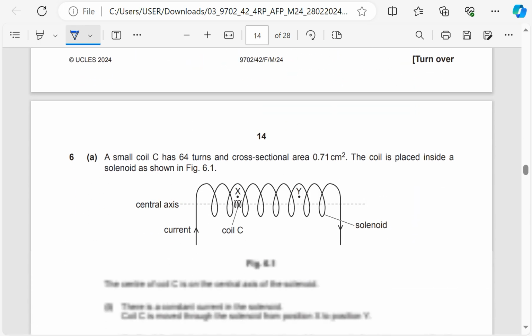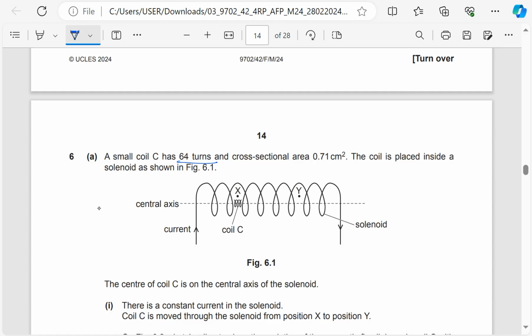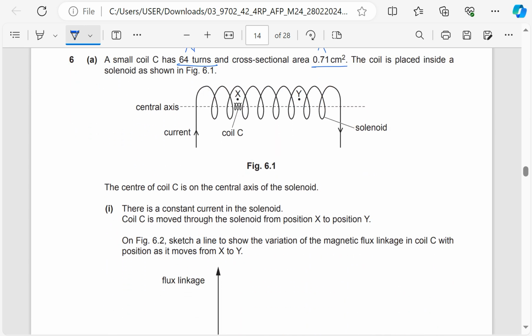Question 6. A small coil C has 64 turns, so this is capital N, and cross-sectional area 0.71 centimeters squared, this is capital A. The coil is placed inside the solenoid as shown. The center of the coil C is on the central axis of the solenoid.